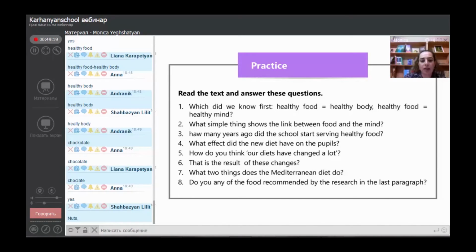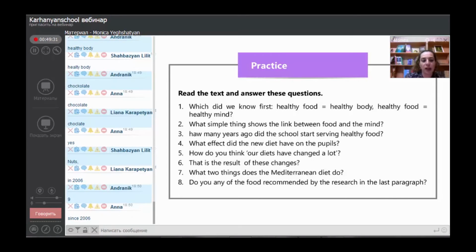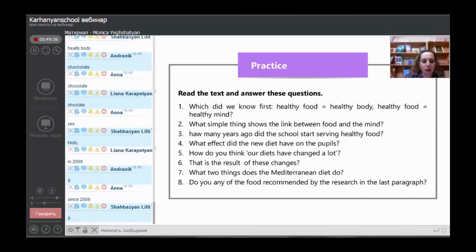How many years ago did the school start serving healthy food? Yes. It began in 2006. Sorry, there is one mistake. Yes, okay. What effect did the new diet have on the pupils? What happened after the experiment?